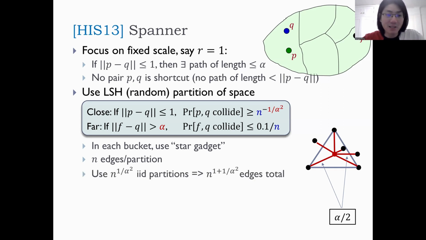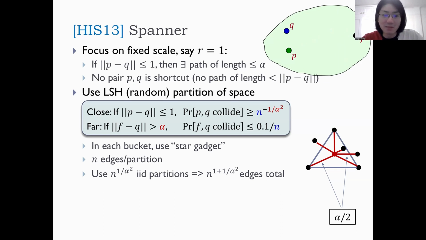To make sure the close pair PQ meets in at least one bucket, we need to repeat this procedure at least n to the 1 over alpha squared times. Because each time we add n edges, we construct a spanner of n to the 1 plus 1 over alpha squared edges. So for alpha larger than 1, this is a sub-quadratic number of edges.